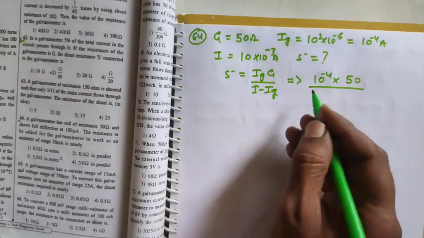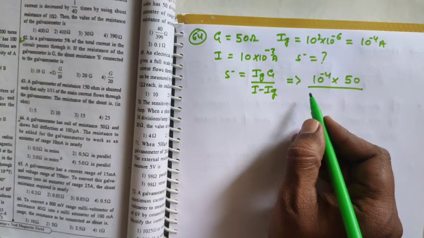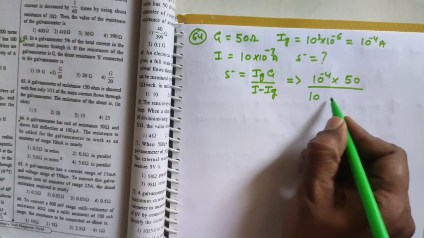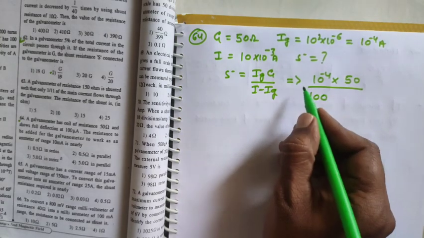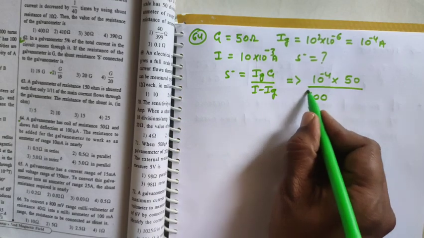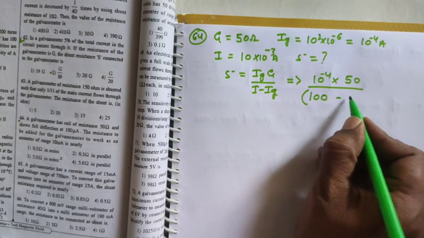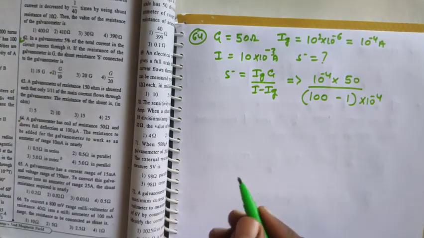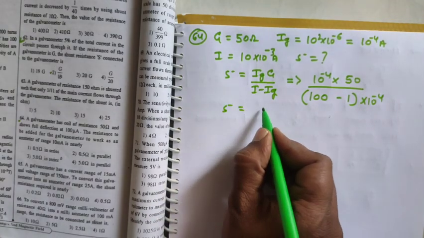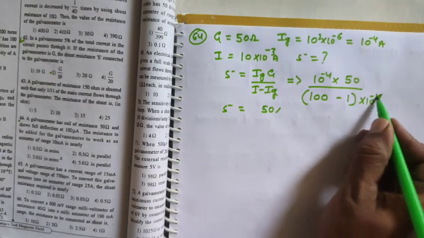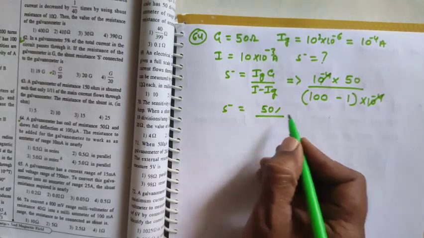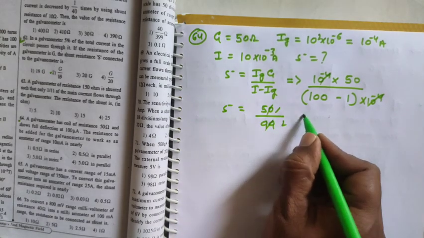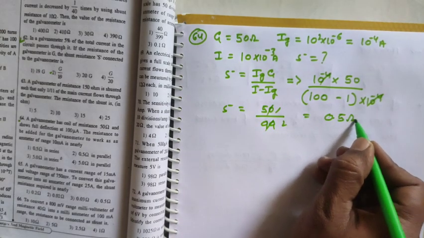That is 10 into 10 to the power of minus 3, which I will take as 100 into 10 to the power of minus 4. I will take 10 to the power of minus 4 as common. S is equal to 50, the 10 to the power of minus 4 term will get cancelled out, divided by 100 minus 1, 99. So it is nearly equal to 1 by 2, 0.5 ohm.